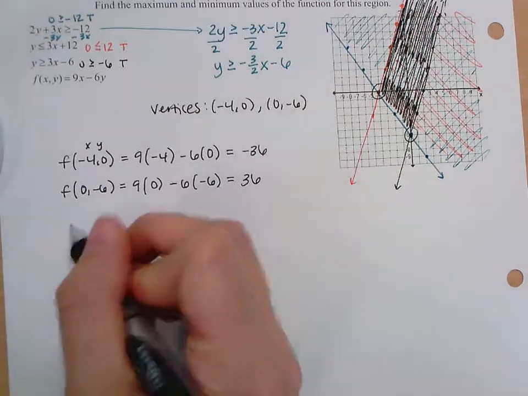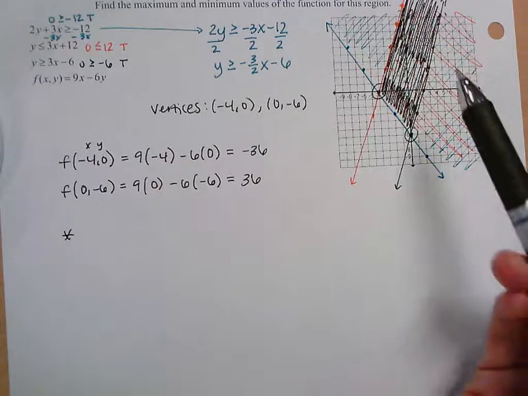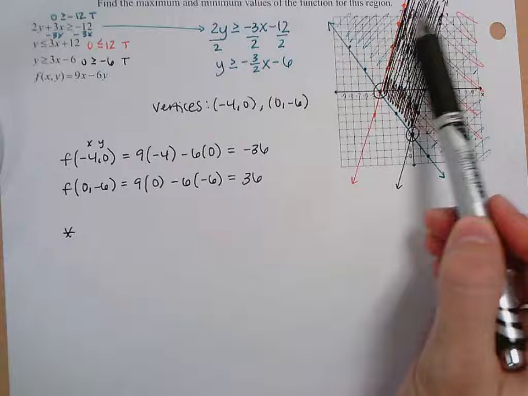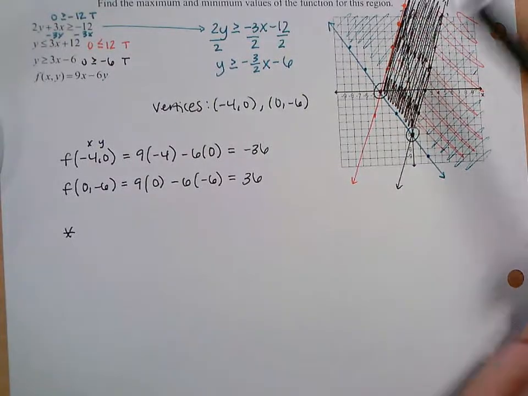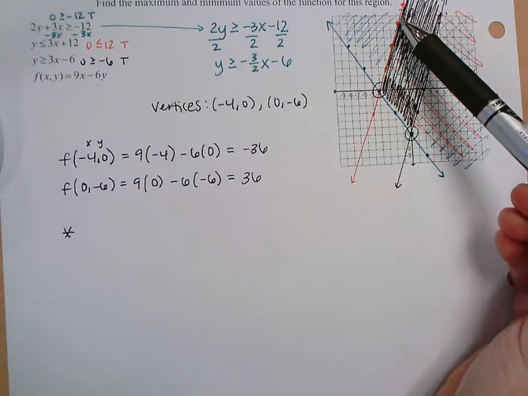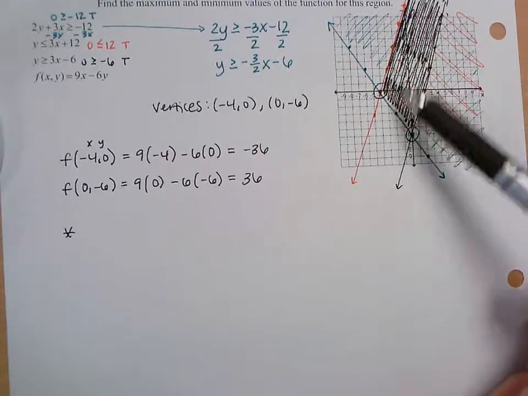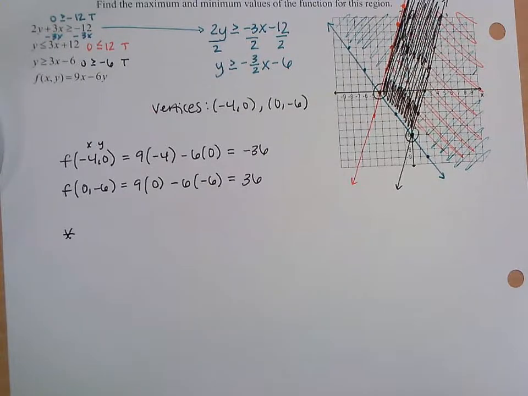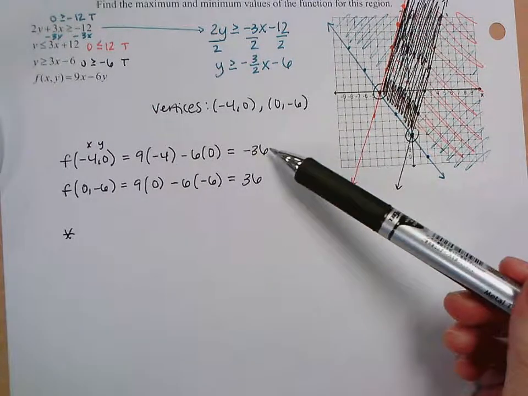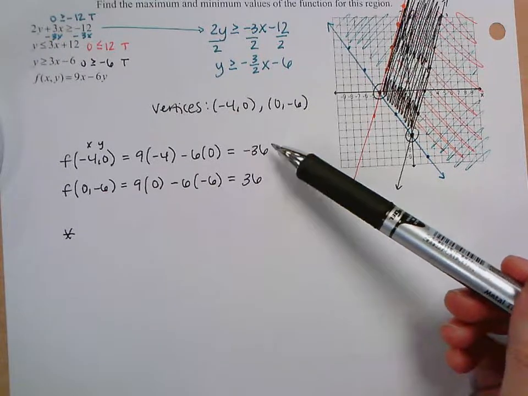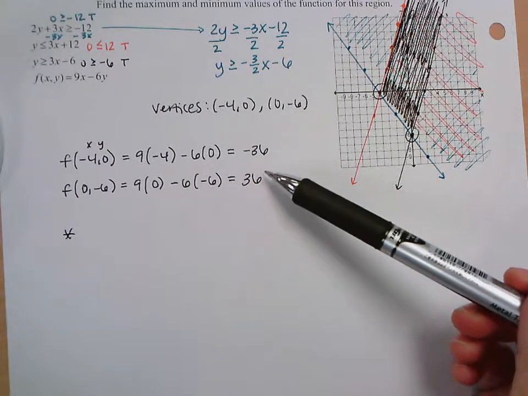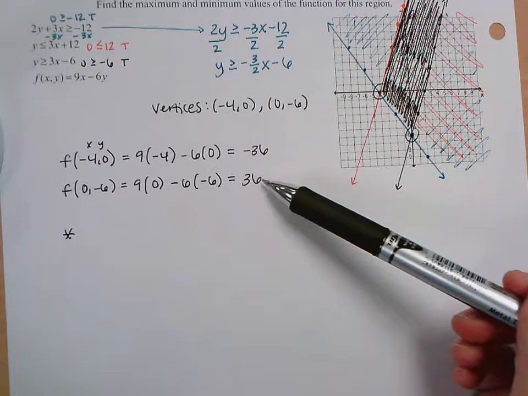So to determine that, you have to check other points that would fall in your feasible region, which, since these are solid lines, could include points that are actually on your boundary lines. You have to test other points in your feasible region to see if you can get a value smaller than -36, which would prove this is not a minimum because you found a smaller value, or a value bigger than positive 36 to prove this is not a maximum because you were able to find a bigger value.